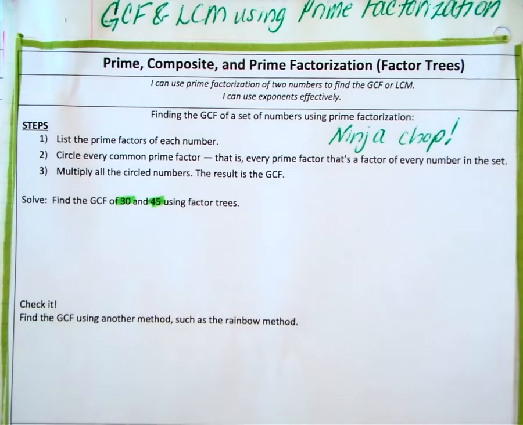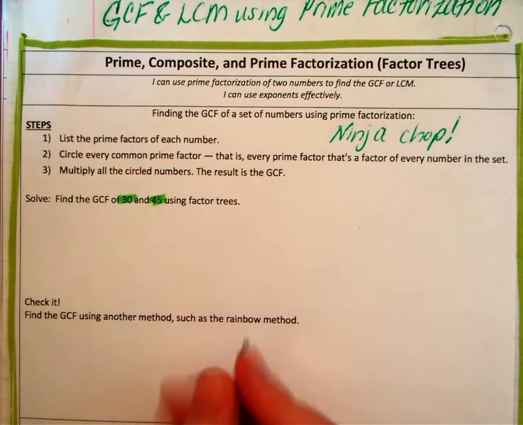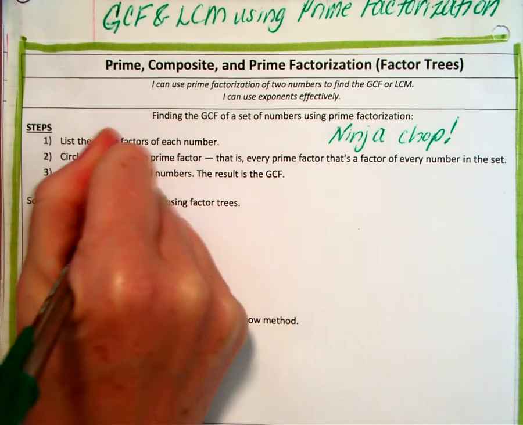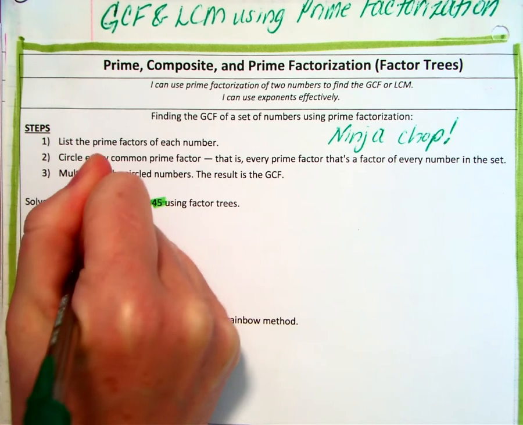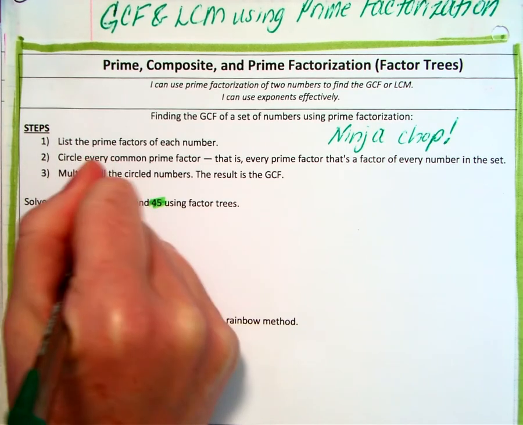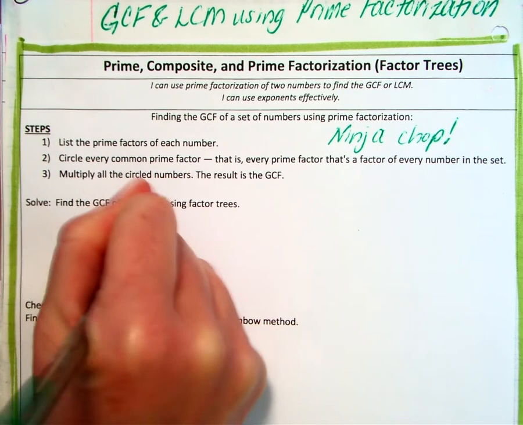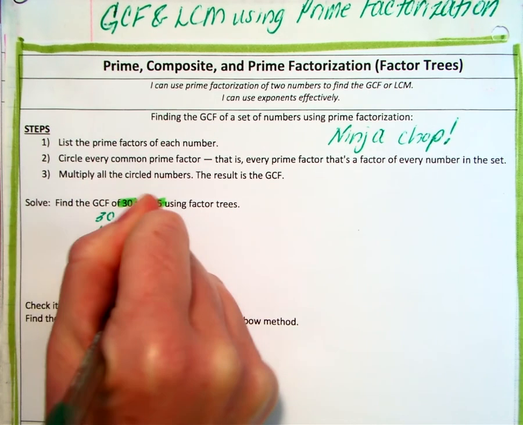Let's take a closer look at this. So step 1, list the prime factors of each number. Okay. So I'm going to break it down. I'm going to do 30, which is 5 times 6. 5 is prime. 6, we're going to go 2 and 3.